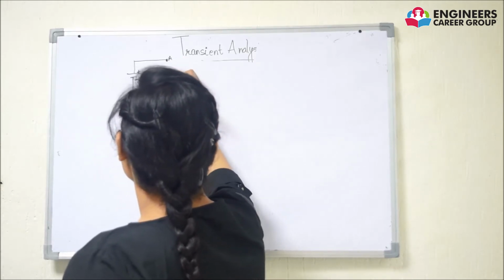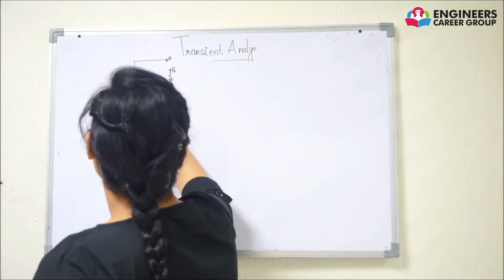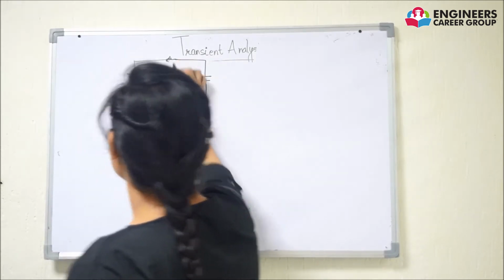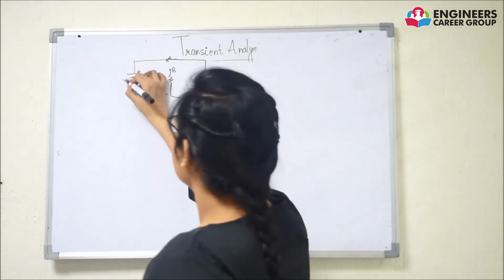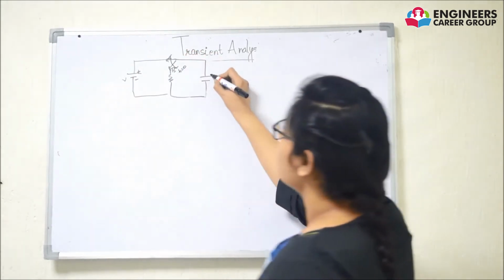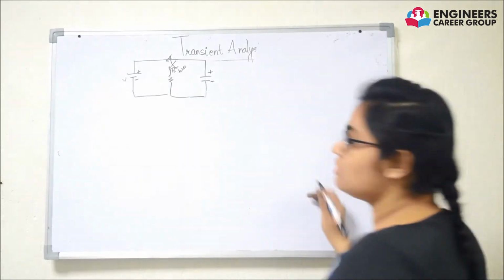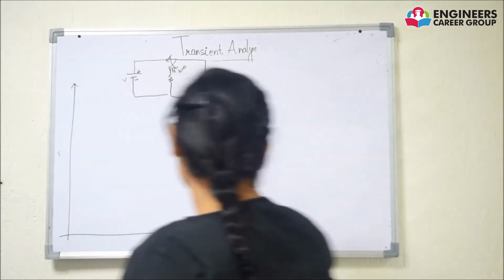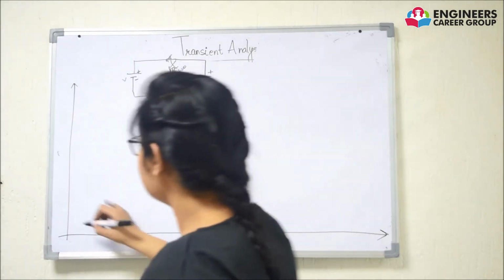There are two switch positions A and B. Position A is when the capacitor is charging with the voltage V, and it is shifted to position B when the capacitor is in a source free circuit. Again we have to make a graph for charging and discharging of the capacitor.